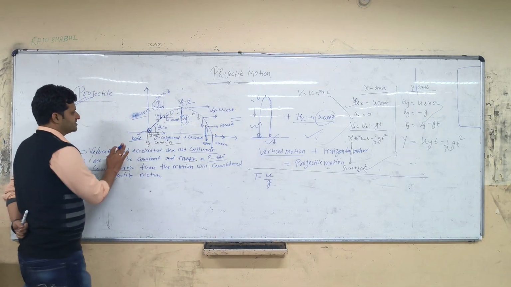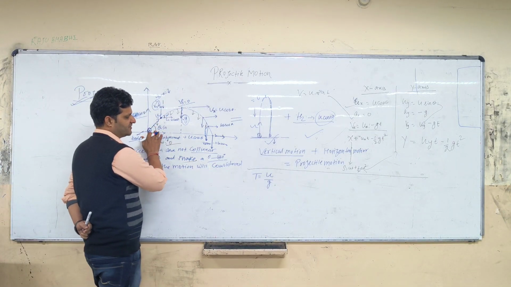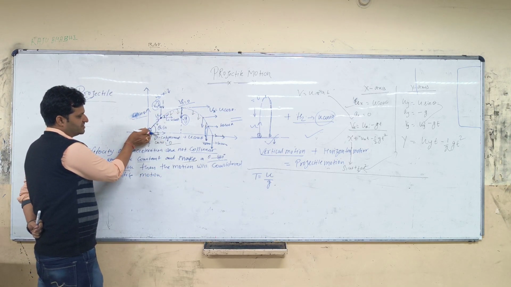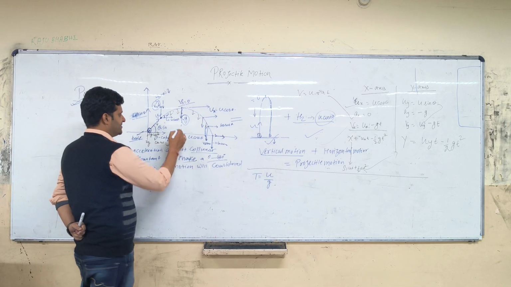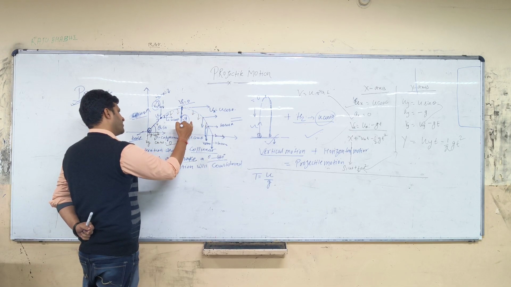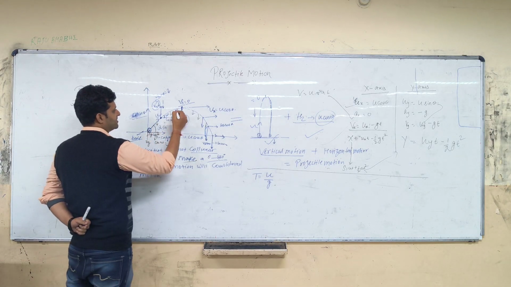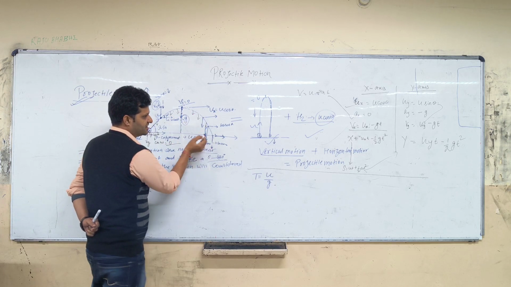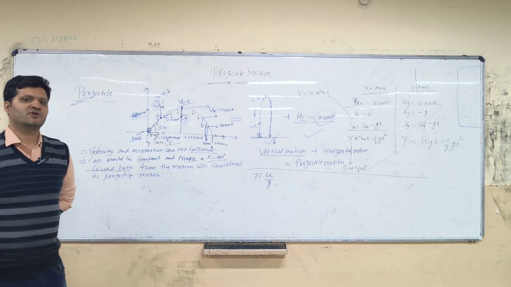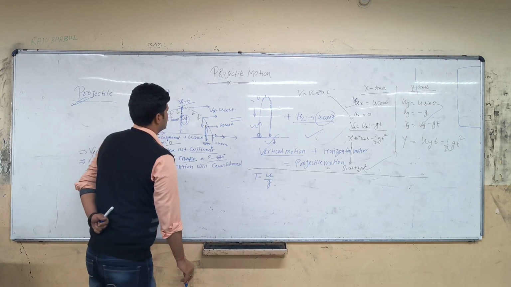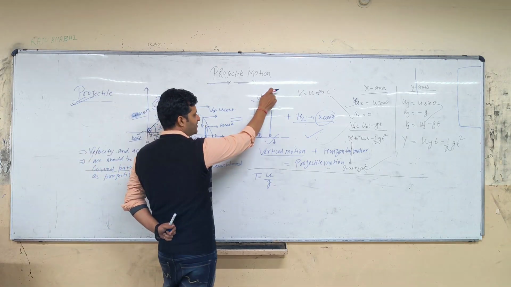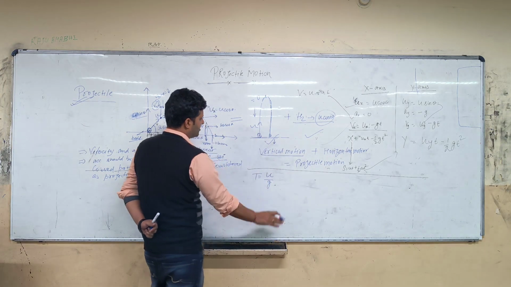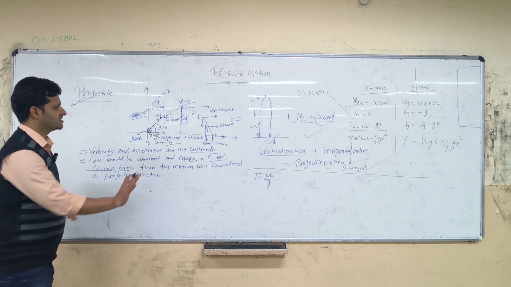Now in projectile motion, if you want to calculate the value of time of flight, what do we have to do? First, consider the same: you have to reach the maximum point. So this becomes time of ascent, and this becomes time of descent, combined together to give the total value of time of flight. Here in the same manner, this is time of ascent, this is time of descent, and combined together it will give the value u upon g.